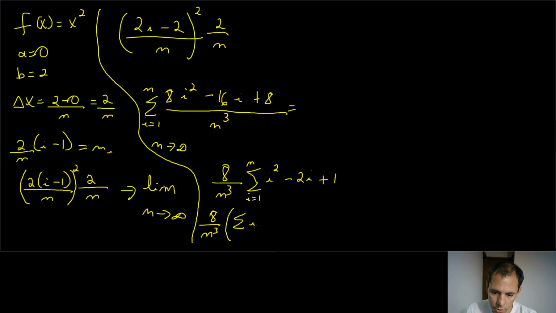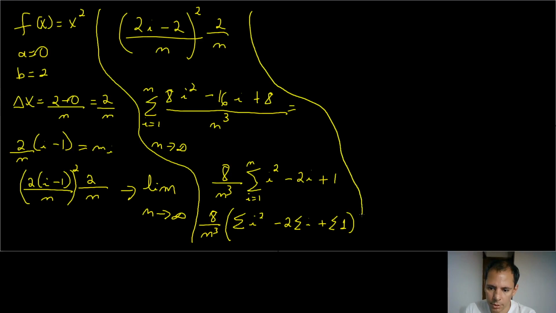So it's going to be i squared here. The 2 is a constant, so you can get that out. So it's going to be minus 2, the summation of i, plus, it's going to be a constant, right? The summation of 1. Okay, now let's keep this going here.